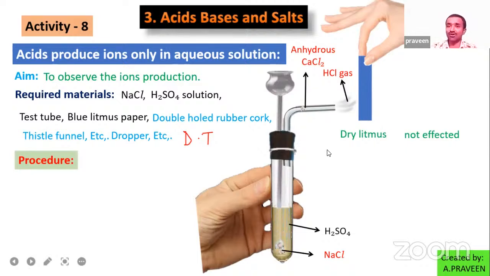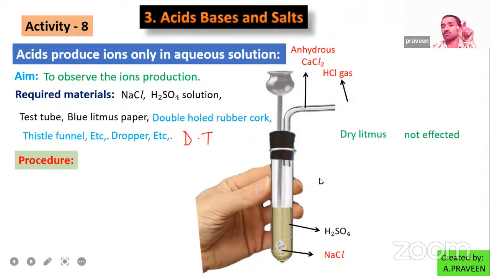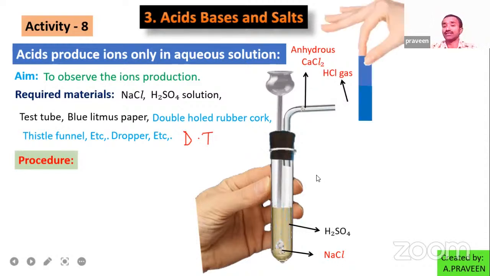So that's why now I am changing my ideology towards water. I can now bring the litmus paper, making it wet, since HCl gas does not affect the dry litmus paper. So now I am getting one more litmus paper which is wet. See here, I am showing you a different color.